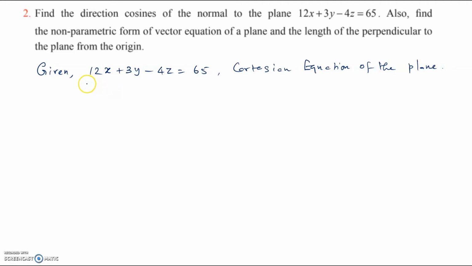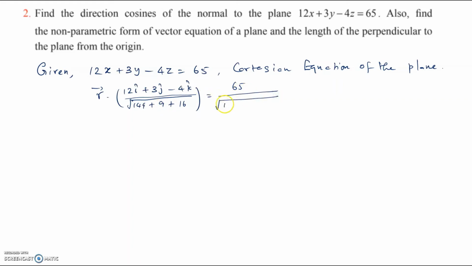Now we can rewrite this as r vector dot product with 12 i cap plus 3 j cap minus 4 k cap divided by the square root of 12 squared plus 3 squared plus minus 4 squared, that is 144 plus 9 plus 16, equals 65 divided by root of 144 plus 9 plus 16.